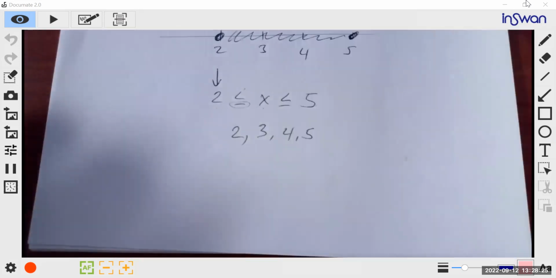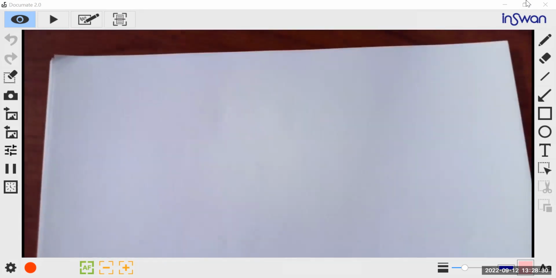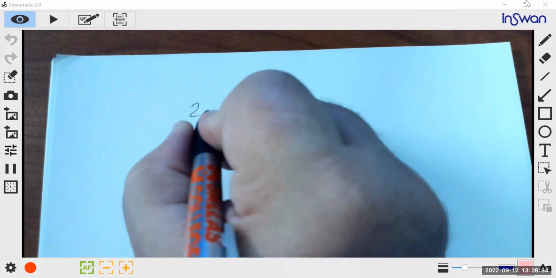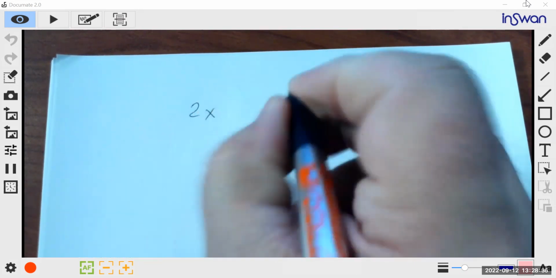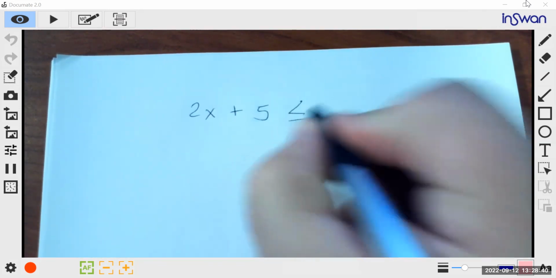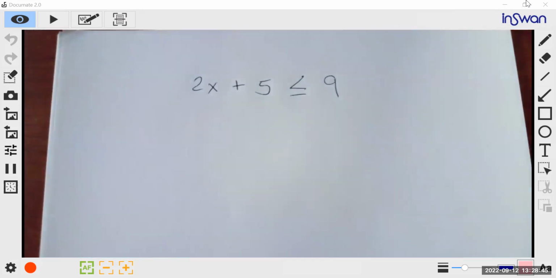We're going to be given equations the same way. Give me the answer in all three notations.